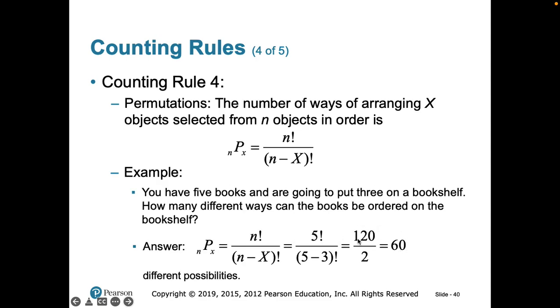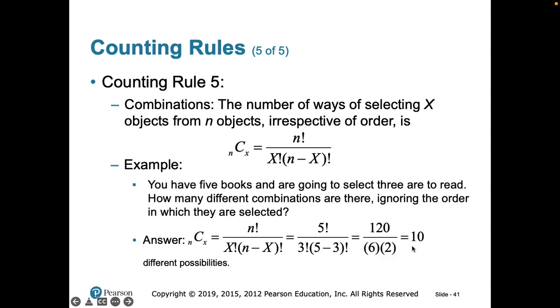Then you divide by 2, and so in this case you only have 60 possible options because you're only putting 3 books on the bookshelf. You don't know which ones they are. That's why you have 60 possibilities.